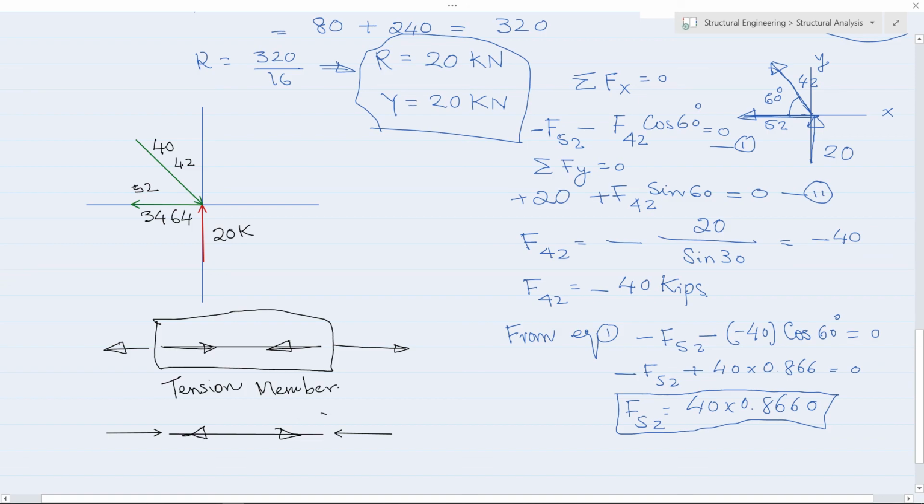So if a member is in compression, the arrows will be away from each other. This is the sign for compression members. That means tension or compression is the indication of the internal forces, not the applied forces.